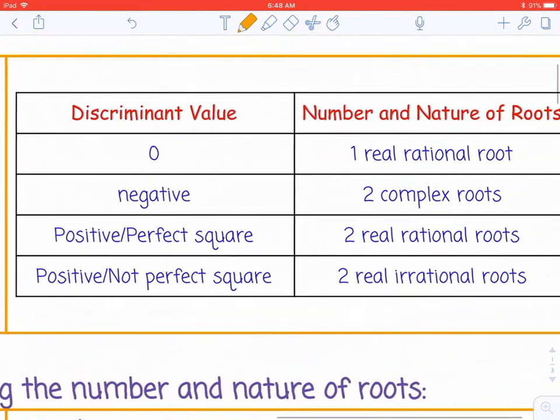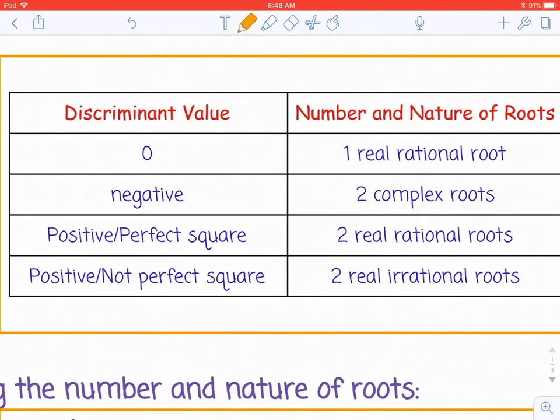Now, once we find the discriminant, there are four possibilities for its value. The discriminant can equal 0, and then you would have one real rational root. It can be a negative number, any negative number, and then it would have two complex roots if we were to solve using the quadratic formula.